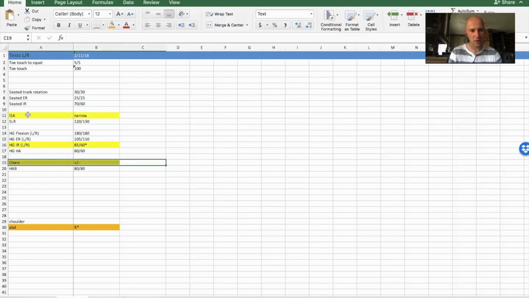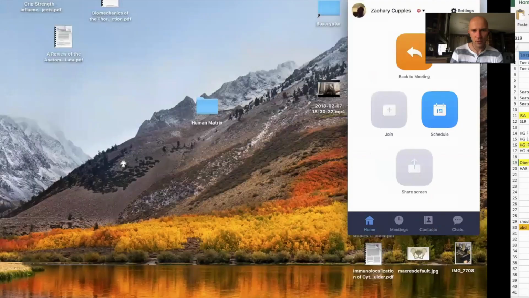And then this one right here tells me essentially what position the sacrum and the innominates are in. It's like the infrasternal angle of the pelvis. Actually, it's kind of a measure of the infrapubic angle to a degree. Does that make sense?